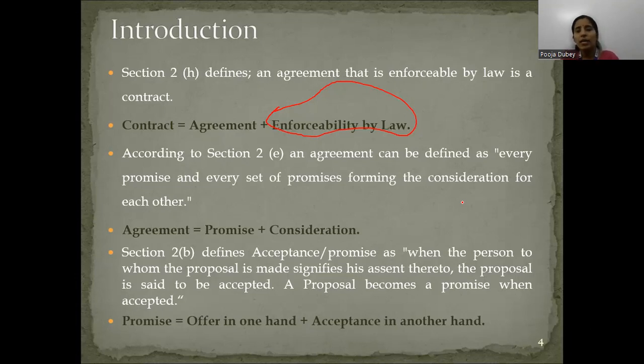Then acceptance and promise, which you can elaborate as when the person to whom the proposal is made. As I have said, one party will offer and another party will give his or her consent towards the aforesaid proposal. So offer on one hand and acceptance on another hand. Then it becomes a promise.